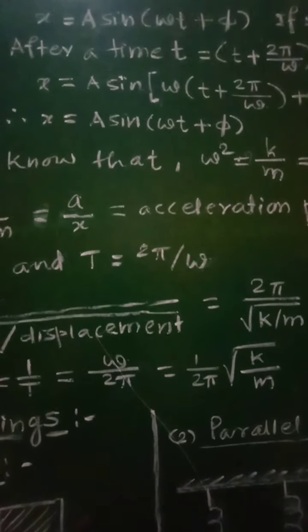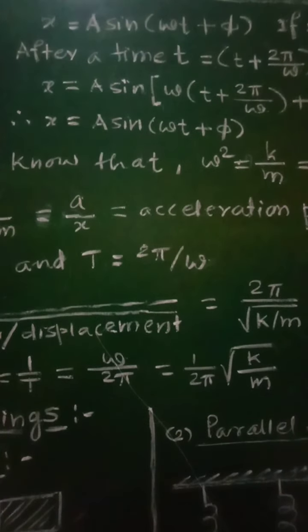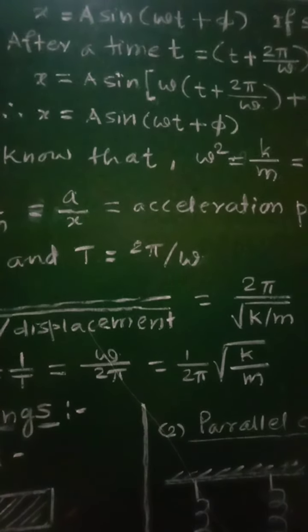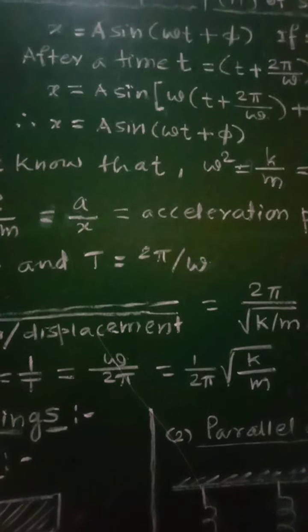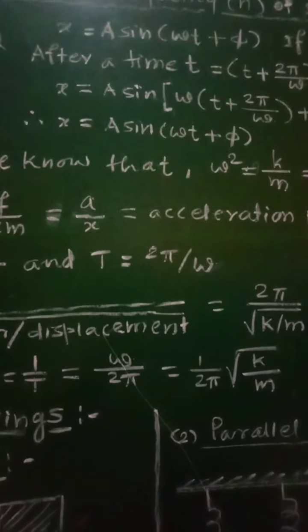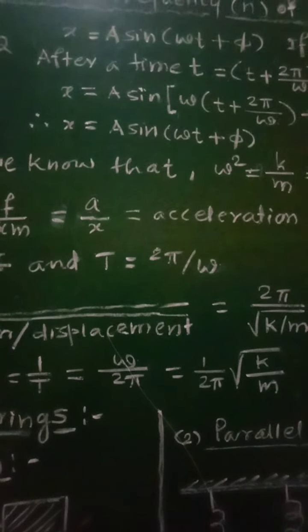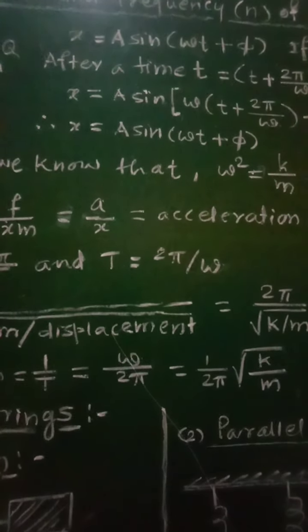So at time t, x is equal to a sin(omega t plus phi). Similarly, at t plus 2 pi by omega, we have got the same displacement, and therefore the particle is at the same position after time 2 pi by omega.